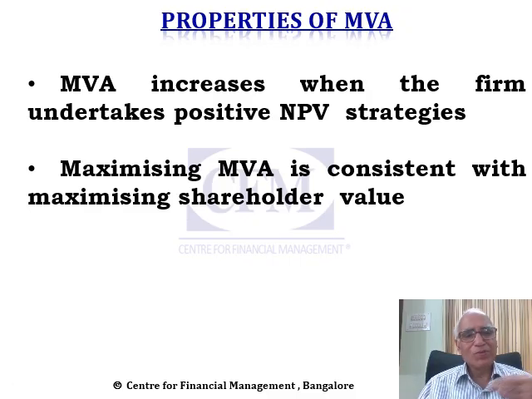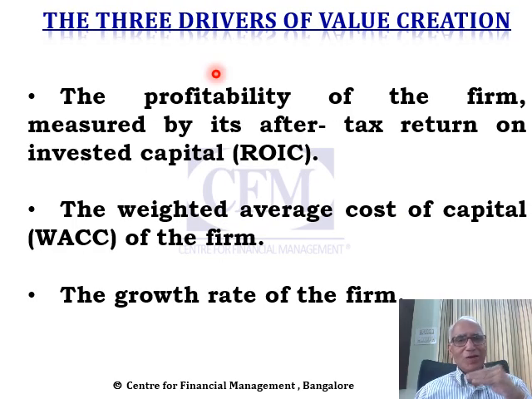Two important properties of MVA. One, MVA increases when the firm undertakes positive NPV strategies and projects. Two, maximizing MVA is consistent with maximizing shareholder value. The 3 basic drivers of value creation are profitability of the firm measured by return on invested capital, the weighted average cost of capital, and the growth rate of the firm.